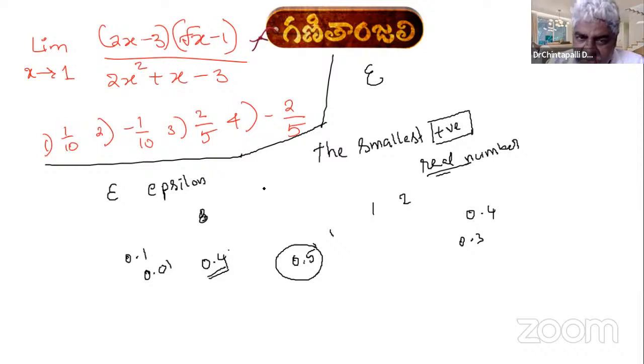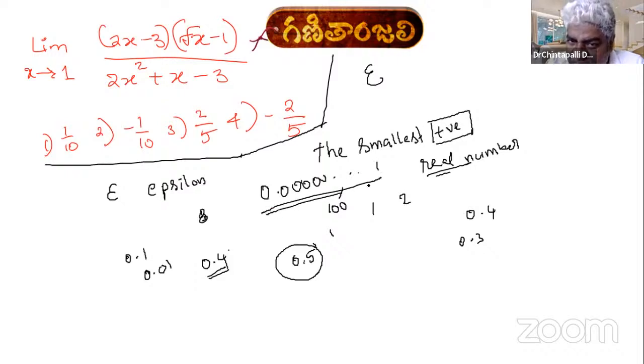If you put 100 zeros and then 1, even this number is not the smallest, because there is another number which has 101 zeros.